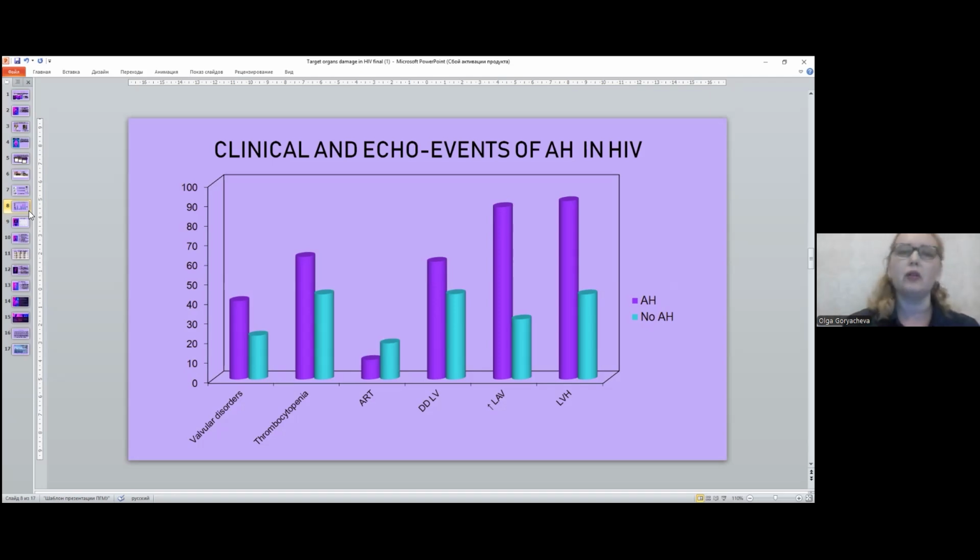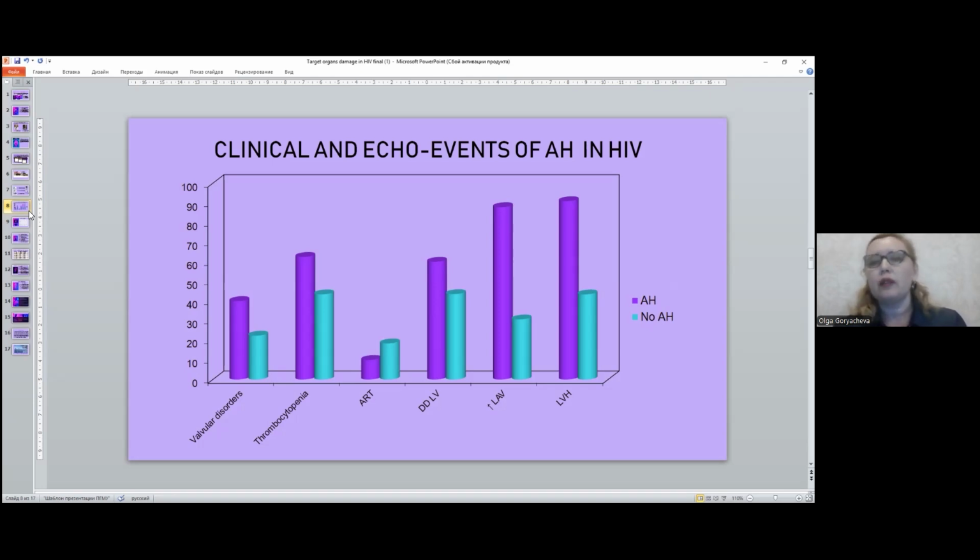Thrombocytopenia is one of the signs of bone marrow disorders. Antiretroviral therapy was used less in patients with arterial hypertension than in patients without, but there were patients who took this therapy too. Diastolic dysfunction of the left ventricle is found more often in patients with arterial hypertension.